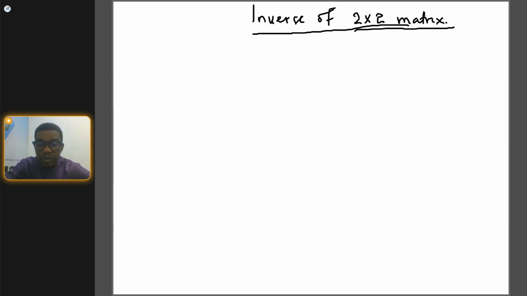I'm going to share those steps with us, and we are going to work with those steps accordingly. The steps required in solving the inverse of a 2 by 2 matrix. So I'm going to share with us the hints on how to do that.